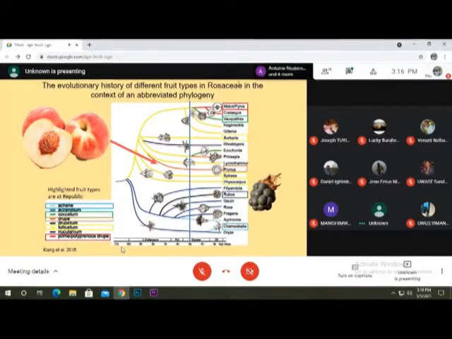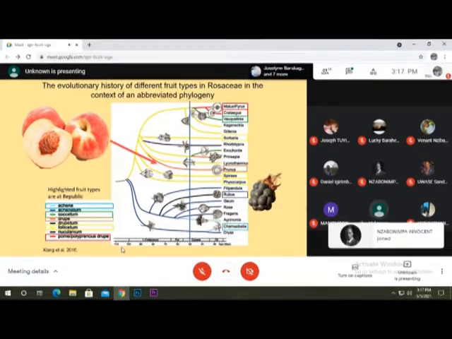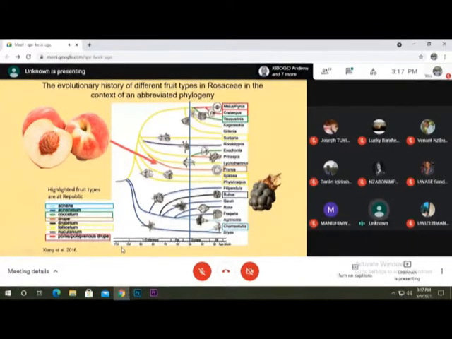And each one of these fruit types that has a box around it is present in a fossil site in Washington State that I'll tell you about in a bit. The other thing you might notice is we have Rubus. Everybody is familiar with Rubus because it's all over the Virungas. We have Prunus as well.